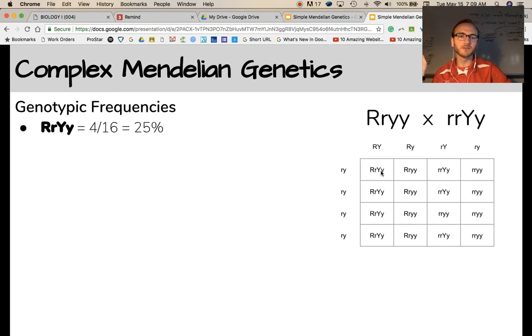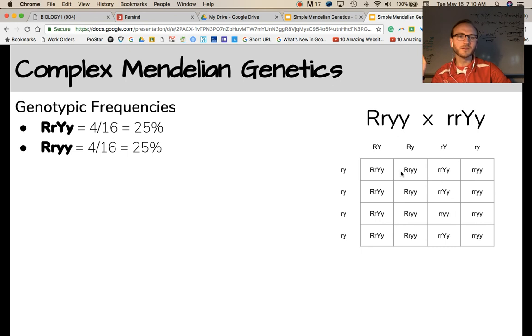We've created the heterozygous probability for both traits here. And so we have to go through the table and count how many occurrences of this dihybrid genotype occur. So here's 1, 2, 3, and 4 out of 16 squares, which equates to 25%.